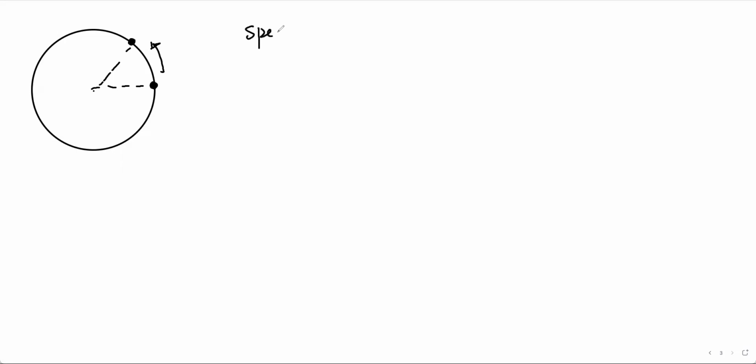Let's say you know how to define the speed. The speed is defined as distance over time. Now you have learned this formula in math already. So the del theta is the change in angle, or you say that is the angle displacement. How about how to relate the distance s with the angle displacement and the radius?